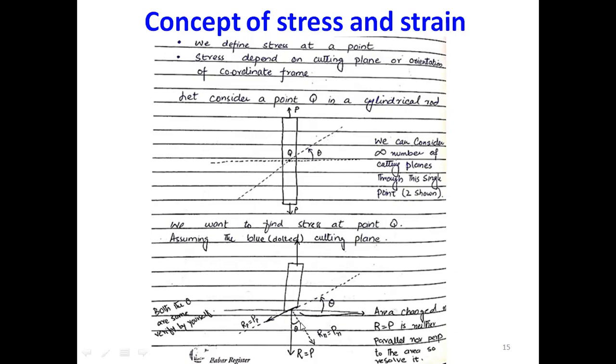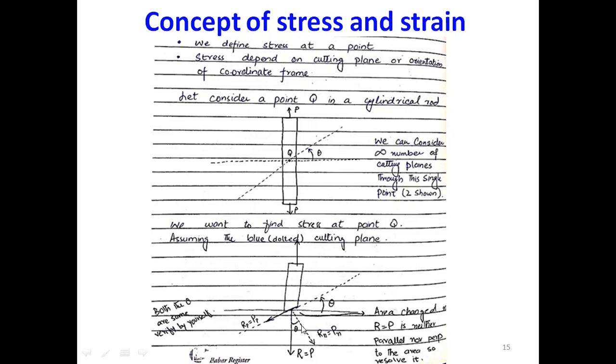One component would be along this line, and let's say it is Rn, n stands for normal, so Rn is equal to Pn. The other component is along the area, let's say it is Rp, which is equal to Pp. One would be the cos component and the other would be the sine component. Here the theta is with this component, so this would be the cos component and this would be the sine component.